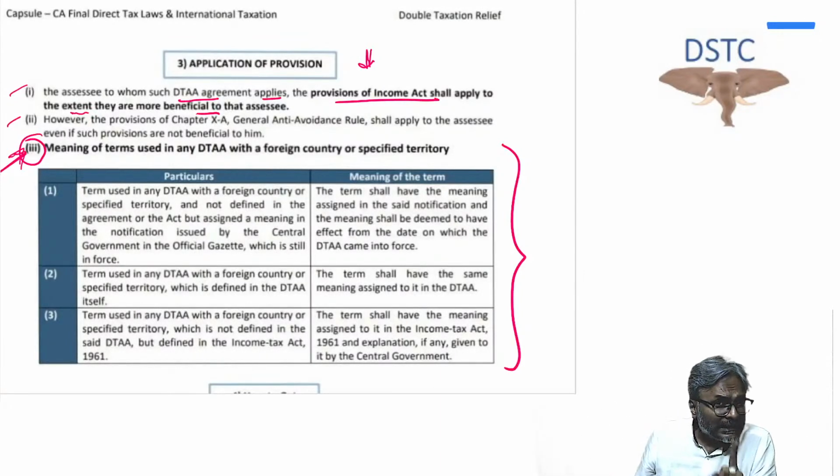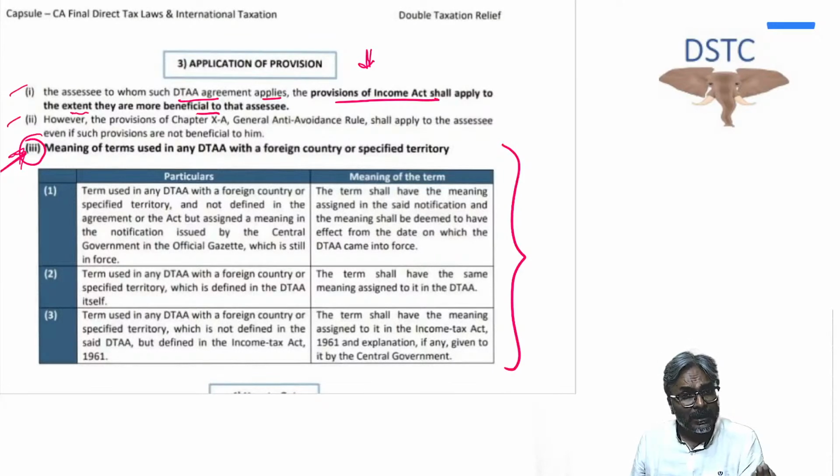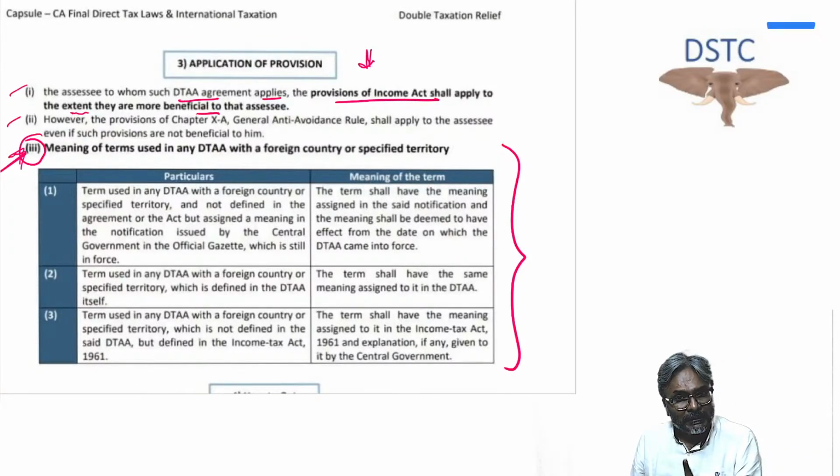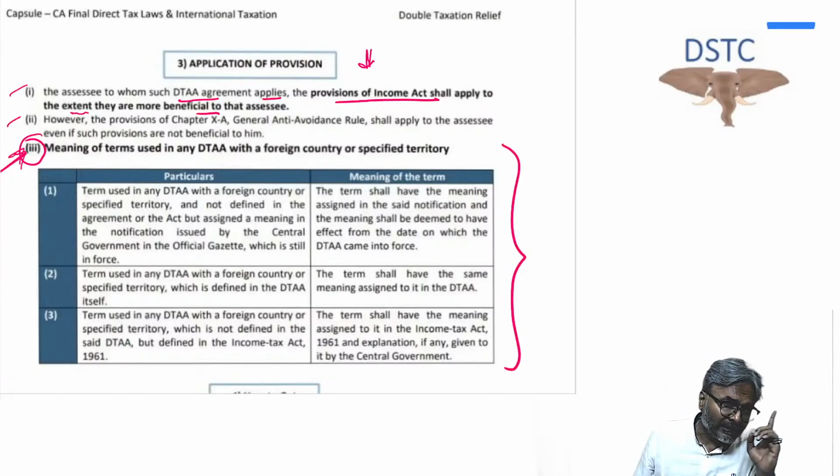If a treaty is defining a term, then it will always prevail over the definition under the Act. Again, I'm repeating: if the treaty has defined a term, then that will always prevail over the definition under the Act, which means that the Act in any case can never ever override the definition under the treaty.